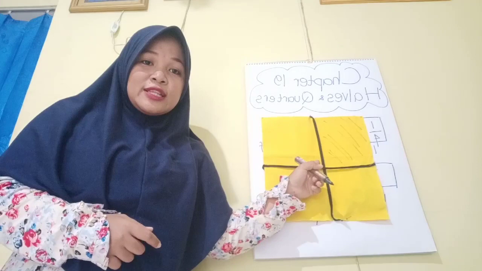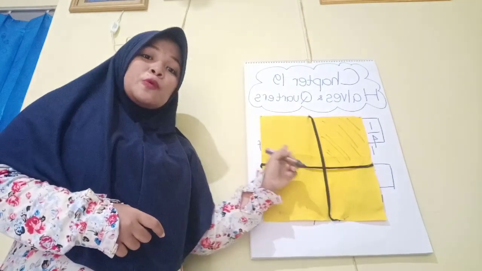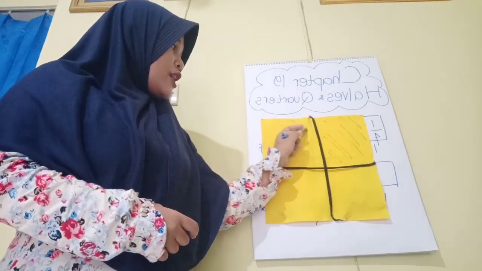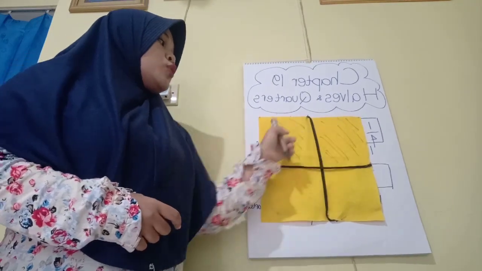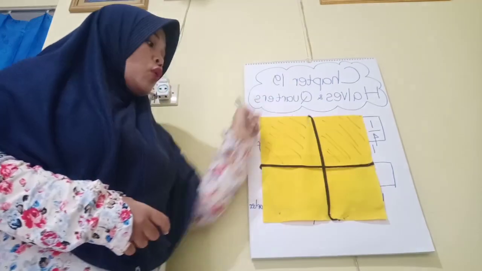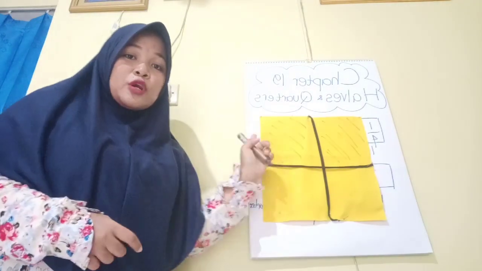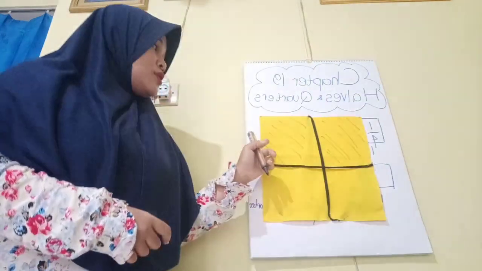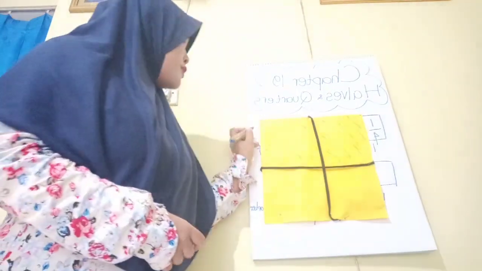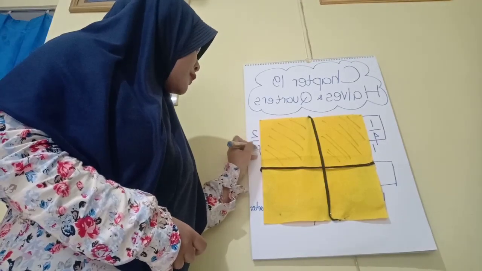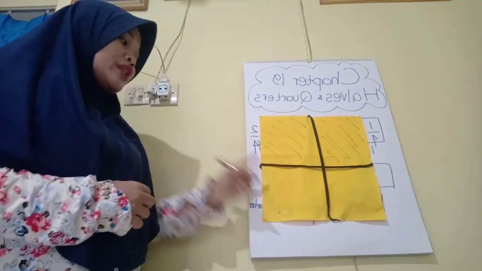What if I shade these two rectangles? I shade this one also. So two parts from the whole of this rectangle we call two quarters. And how about this one?